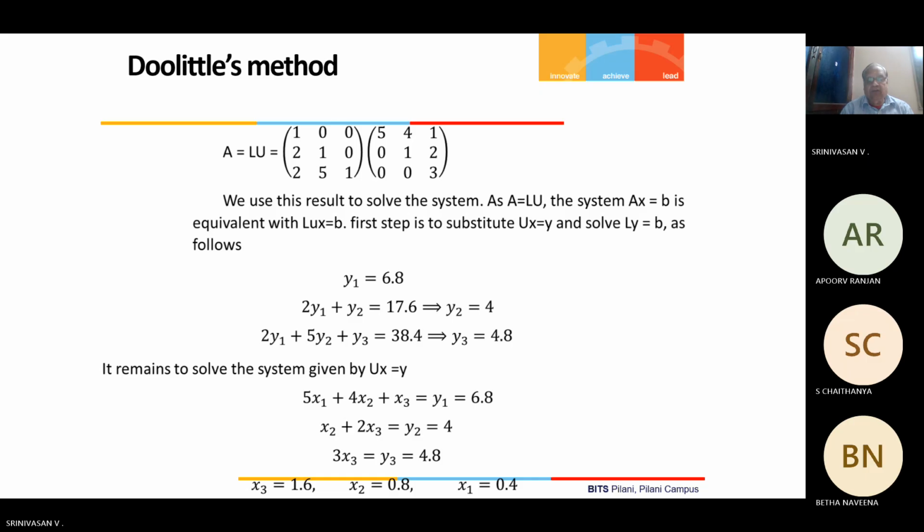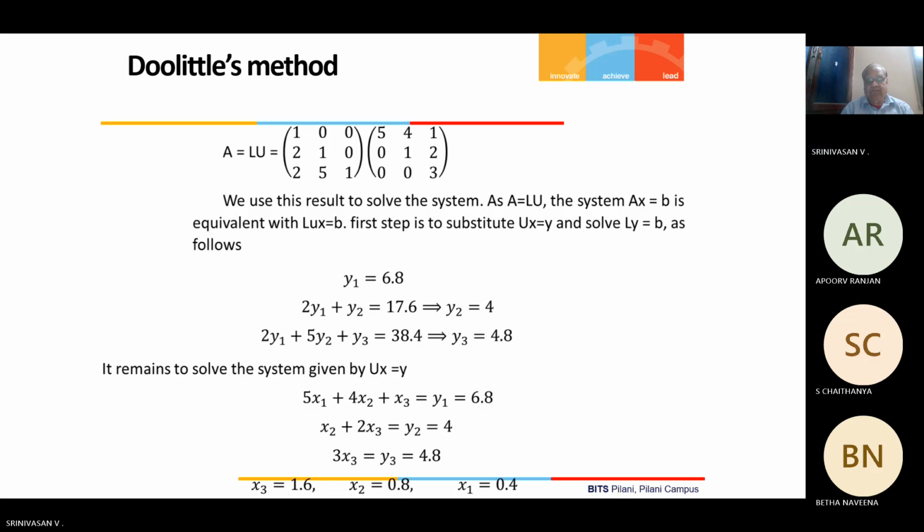Your L is 1, 0, 0, 2, 1, 0, then 2, 5, 1, multiplied by what is your Y?